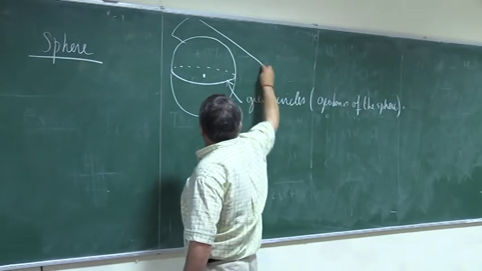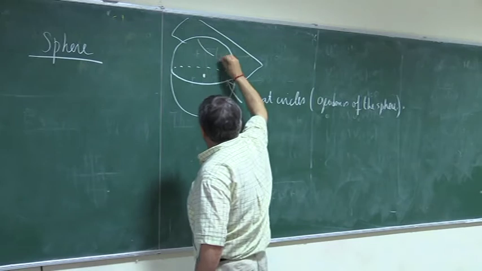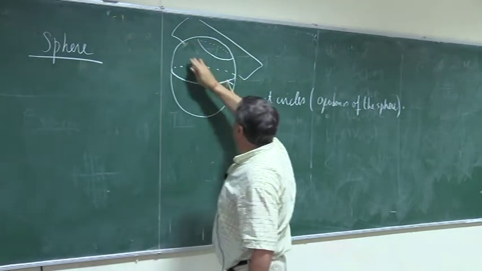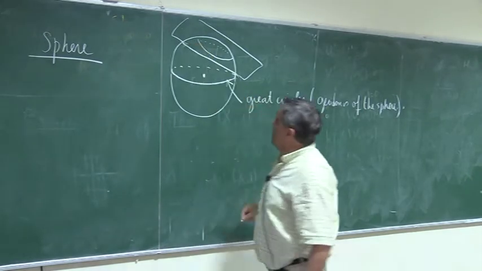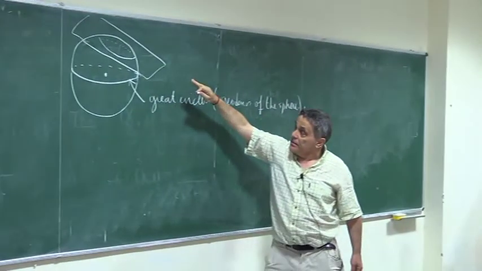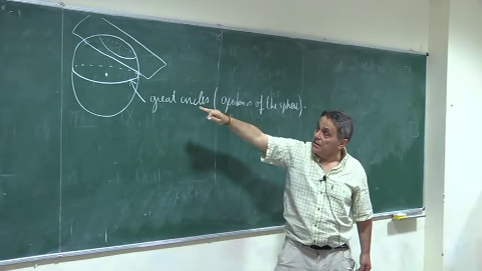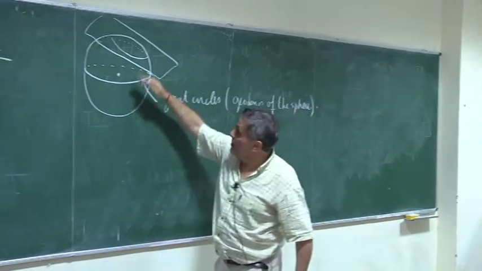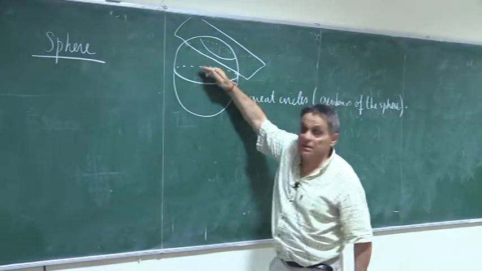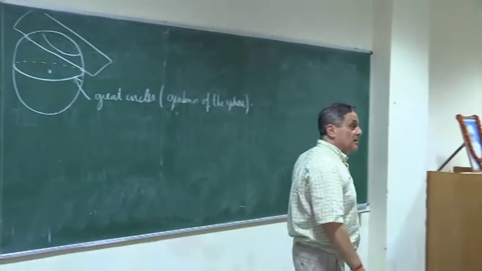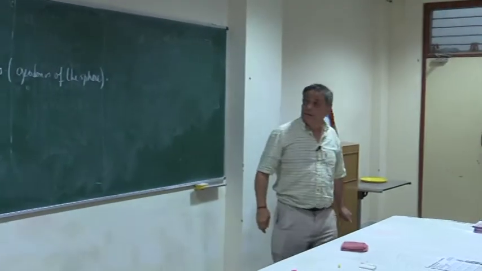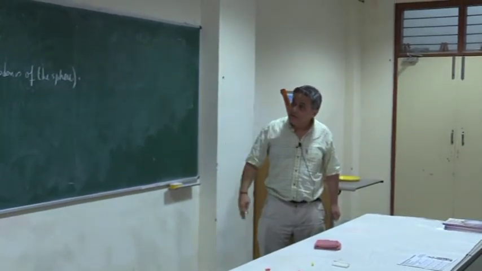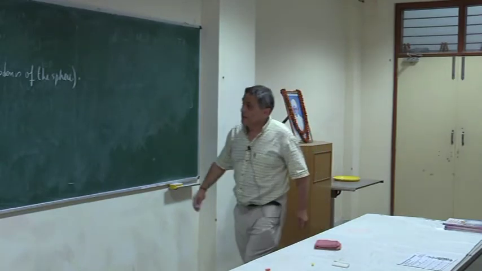So I cut my sphere with this plane, I get a circle in this plane, and the circle is called a great circle if it has maximum radius, and this is if and only if this plane passes through the origin of the sphere. So the great circles are the intersection of the sphere with the planes passing through the origin.